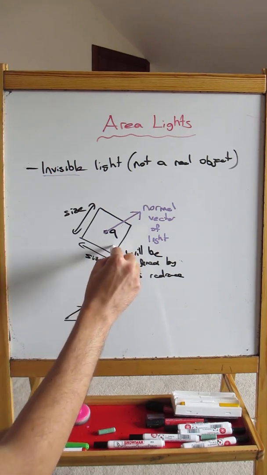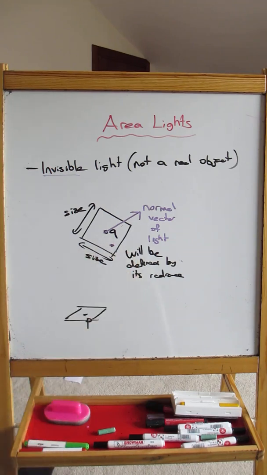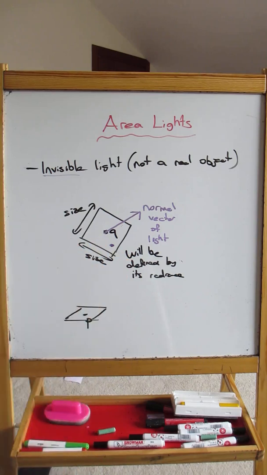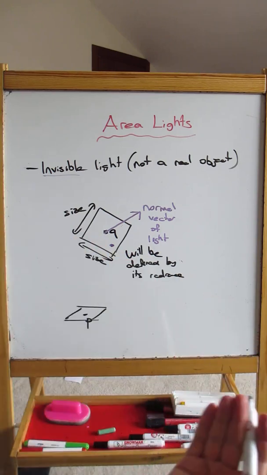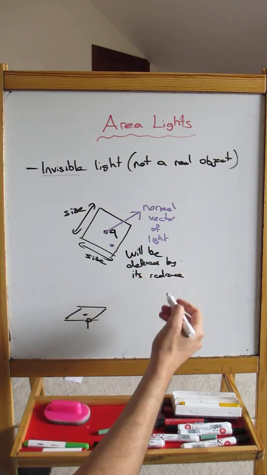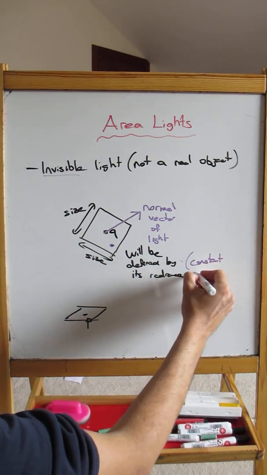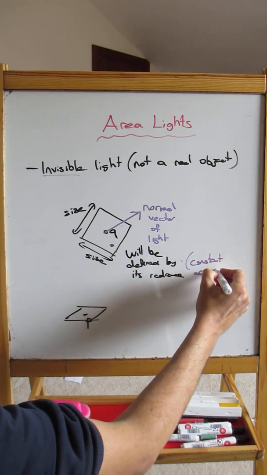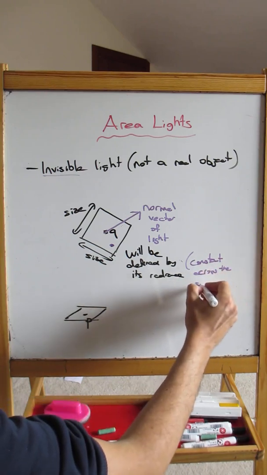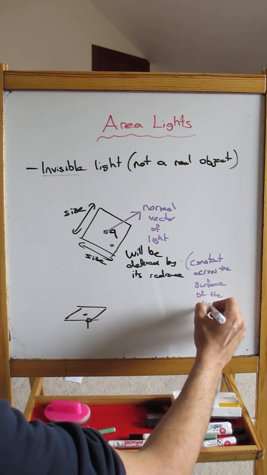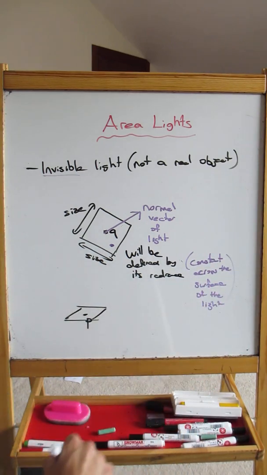So for simplicity, our area lights will have constant radiance. This will be constant across the surface of the light. So it's a uniform light source.